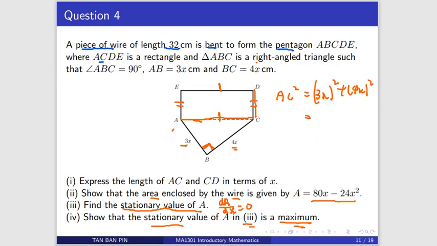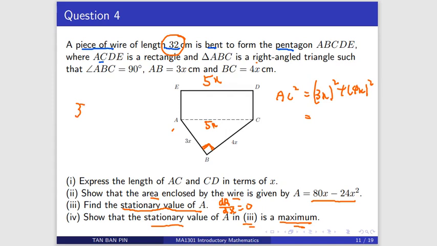So with that, you know AC is 5x, and then you can calculate the length of the other side. Remember the wire length is 32.